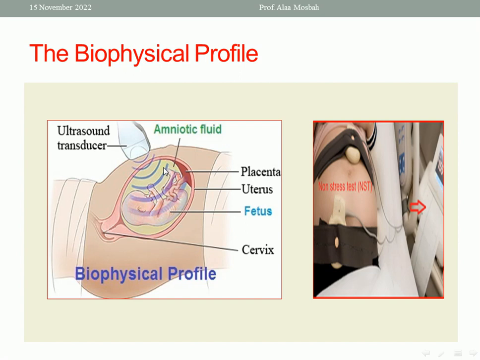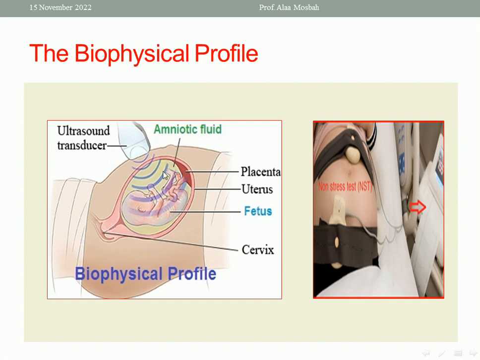First, we examine the amniotic fluid by measuring the deepest vertical single pocket, the largest one. If we divide the uterine cavity into 4 quadrants, we measure the vertical diameter of the largest one in each quadrant.